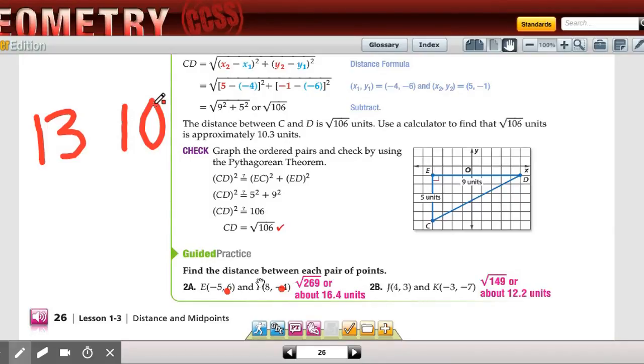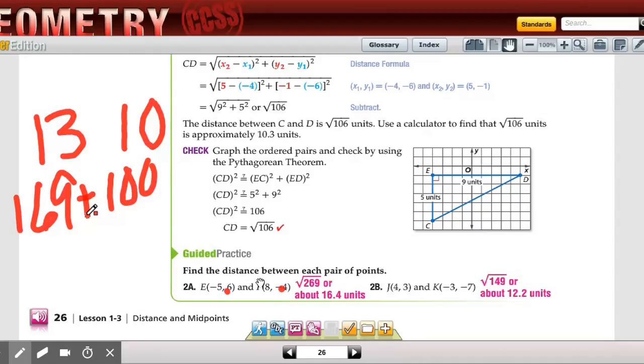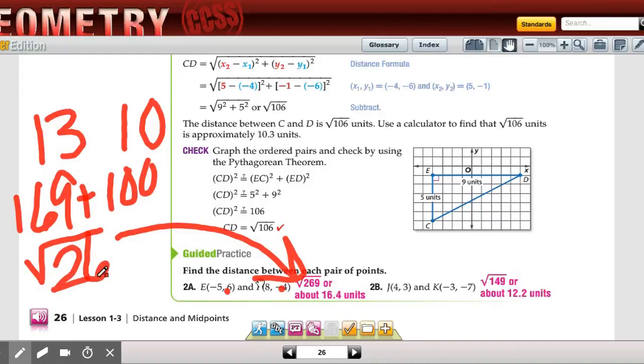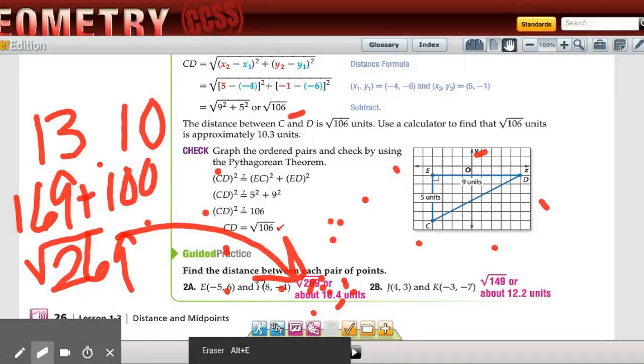So that's 100. And I think 13 and 13 is 169. So you add those together, and that's where they're getting this square root of 269 thing. And then that apparently is 16.4. There you go. Plain as day. Hopefully that's making good sense for you.